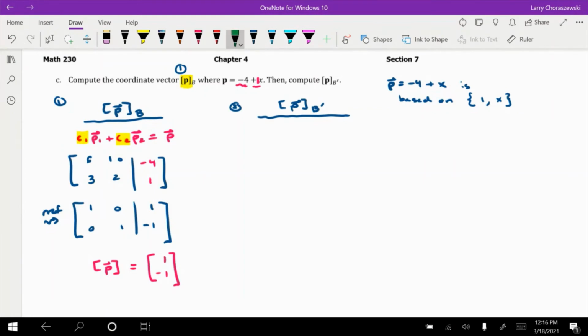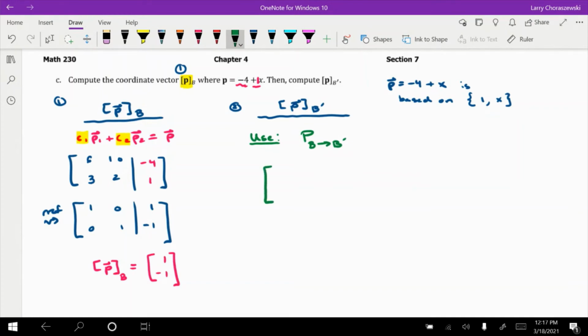The transition matrix that we should use needs to take us from the old basis to the new basis, because in step 1, we calculated p relative to the old basis B. So we need to use the matrix P, which takes us from the old basis B to the new basis B prime.